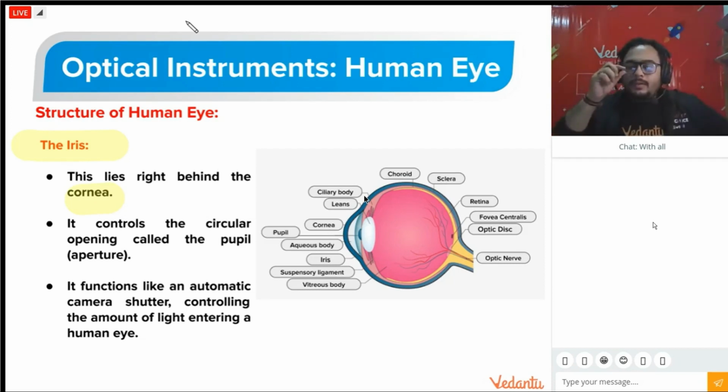The pupil is the opening from which light rays enter into the eye, and the iris is basically controlling the opening of that. Its function is like an automatic camera shutter. Have you seen those cameras in which the shutter opens, then the lens comes out? This iris is basically working like that shutter. Can our eyes behave like a prism?